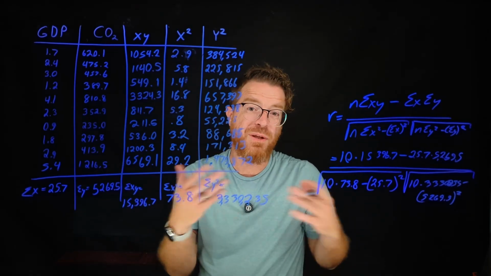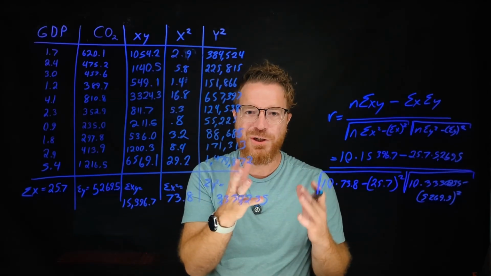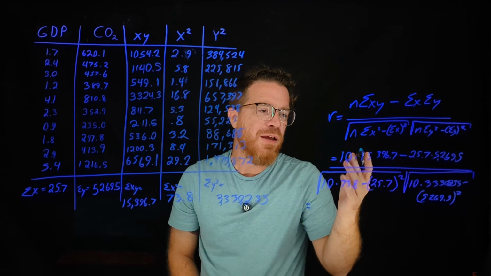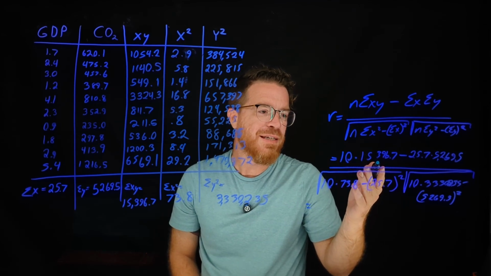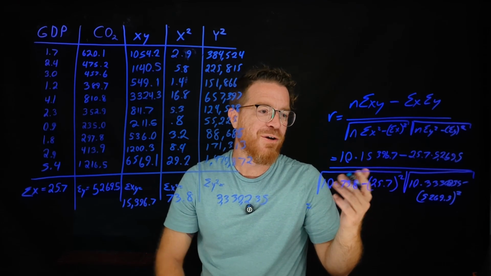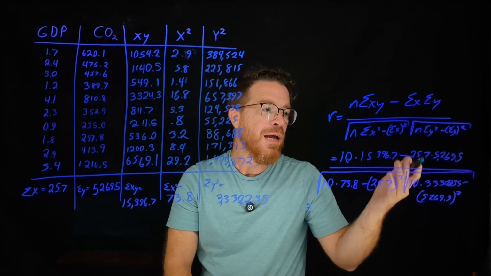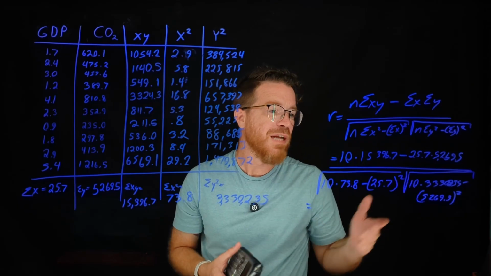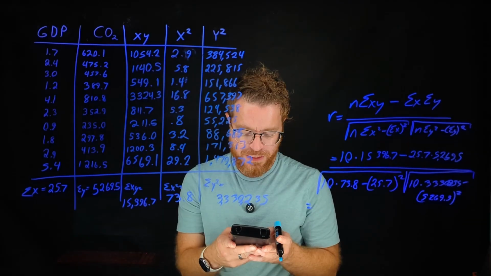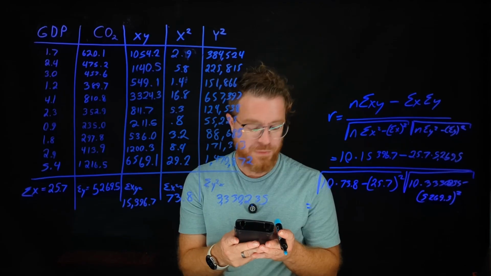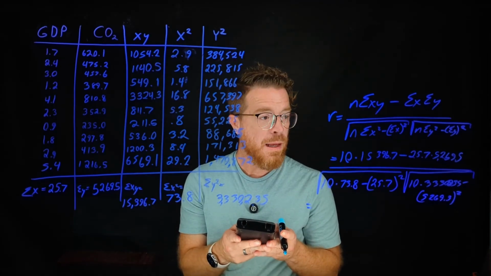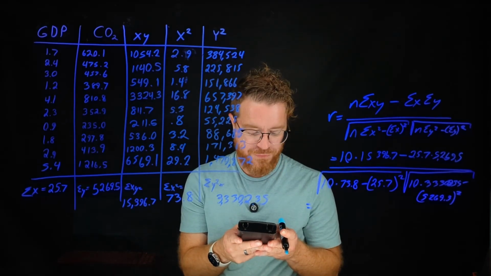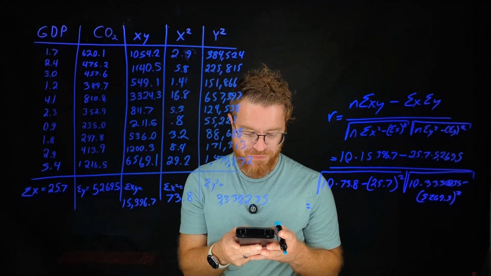Now I'm going to do this piecemeal. Usually with my calculator, I could just plug it in all at once, but I just wanted to show doing it step by step. So the first thing, we have 10 times 15,396.7. That's just going to make it 153,967 minus 25.7 times 5,269.5.